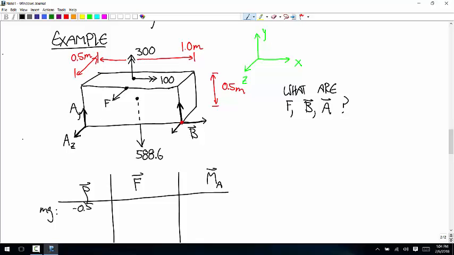In the z direction, we go a quarter of a meter in the negative z direction. And then we go a quarter of a meter up. Anybody have any questions about finding that? The force is just in the negative y direction, so 0, negative 588.6. And if you take that cross product, I believe you get 147.15, 0, 294.3.